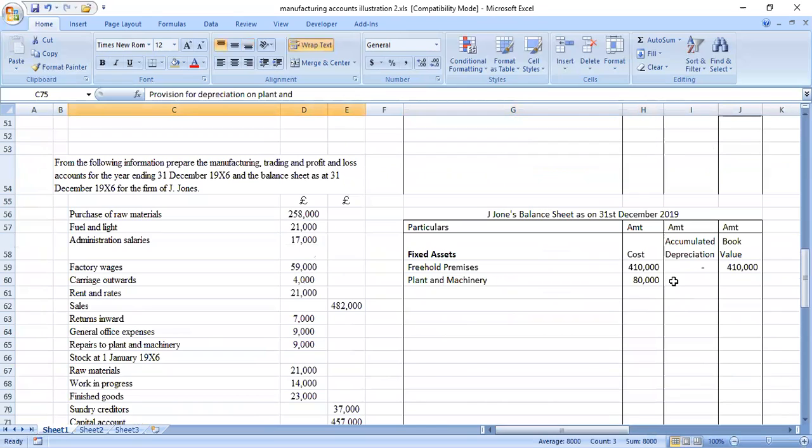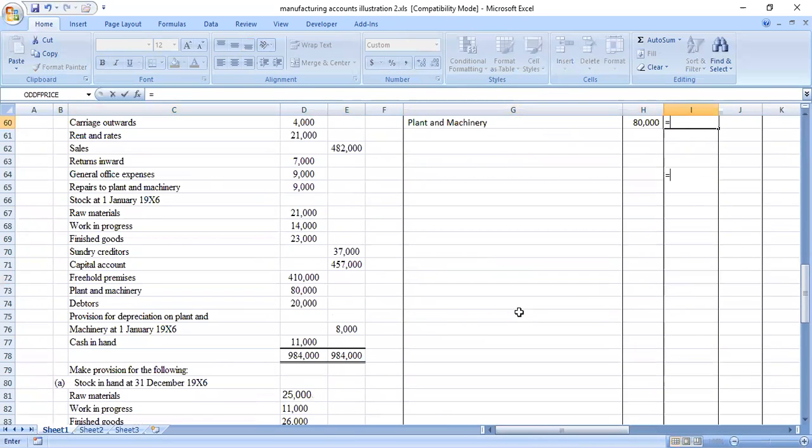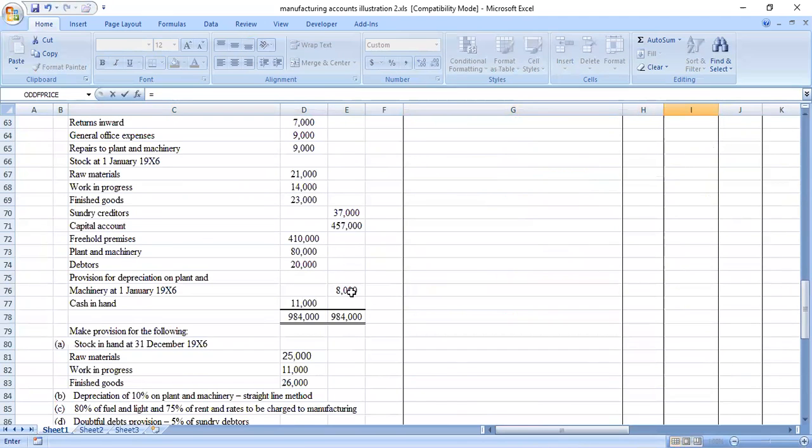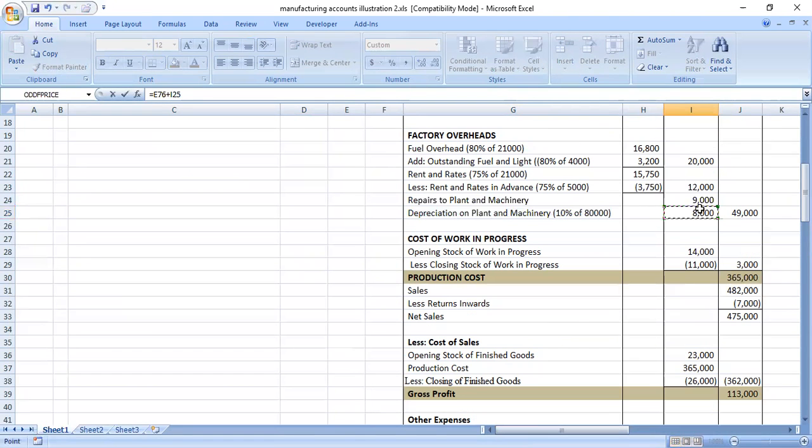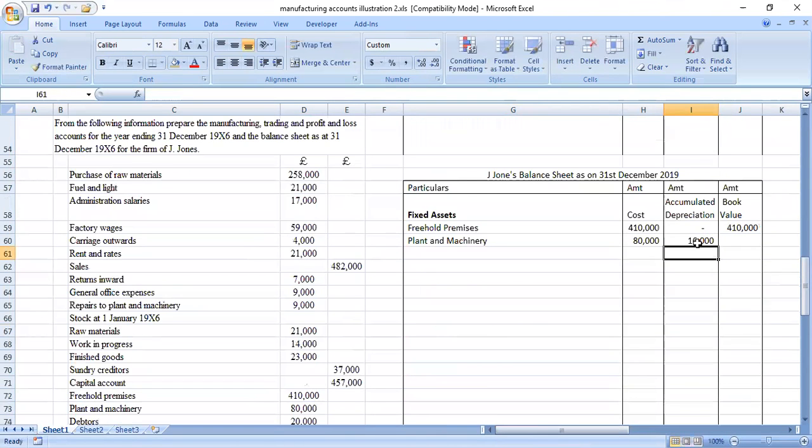As at 31st December 2019. Sindio? Yes. So therefore, the accumulated depreciation of plant and machinery is equal to the one at the beginning plus the one for the current year, that is 8,000. So 8,000 plus 8,000 is 16,000.